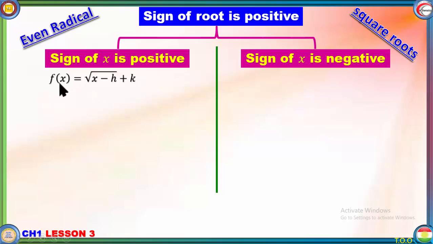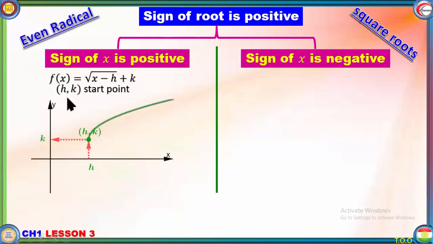You can see here f(x) equals square root of x minus h plus k, then the start point is (h, k). Because of that, the domain begins from h to positive infinity because the sign of x is positive, and the range begins from k to positive infinity because the sign of the square root is positive.